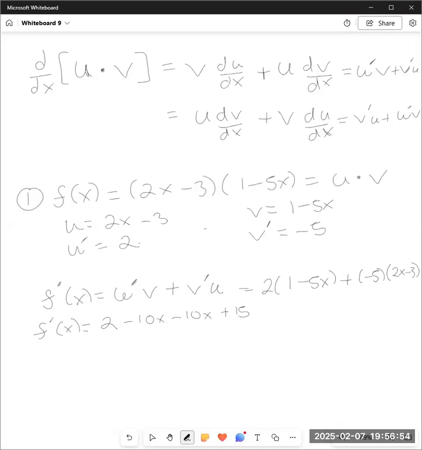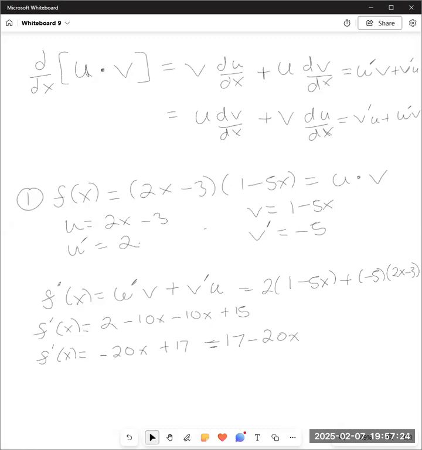So we have f prime of x is equal to a negative 10x plus a negative 10x is a negative 20x, and 2 plus 15 is 17. If you want to write that as 17 minus 20x, that's the same thing. But the book wrote it as negative 20x plus 17.